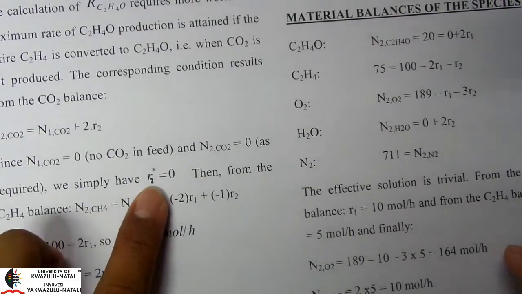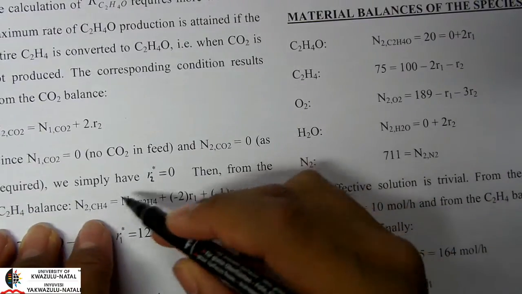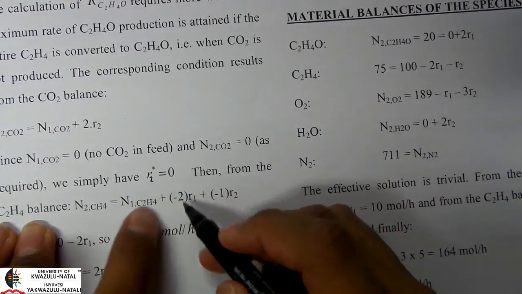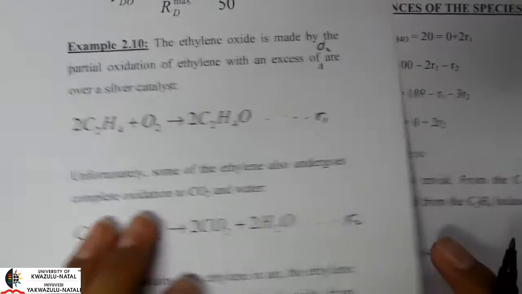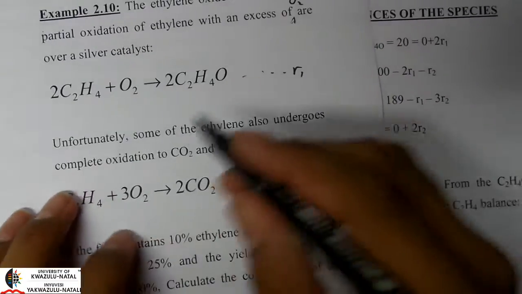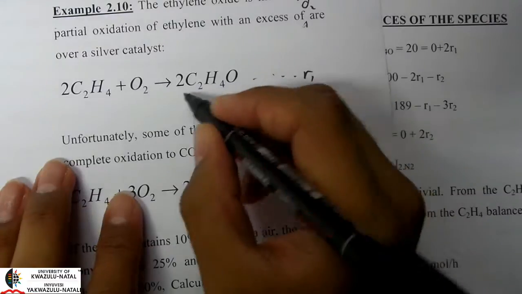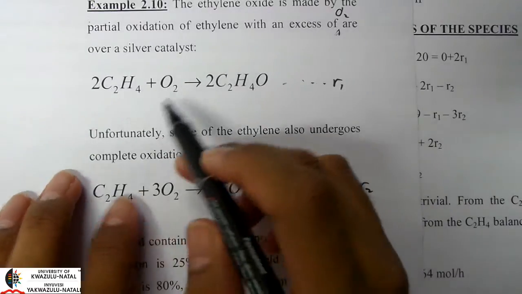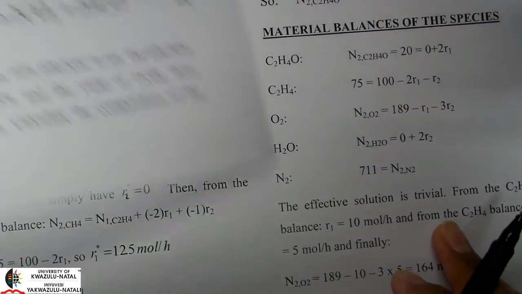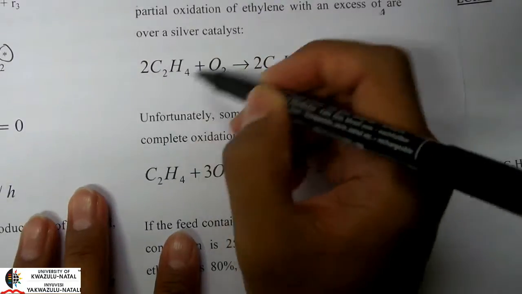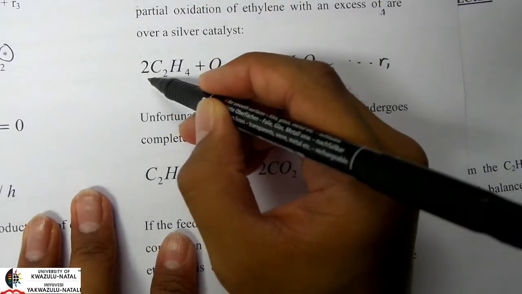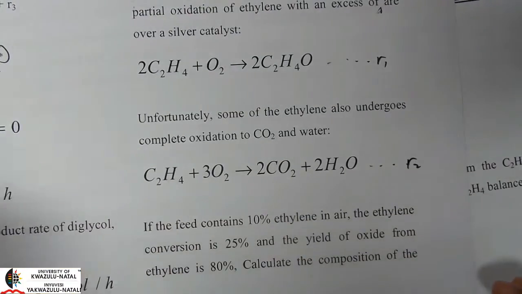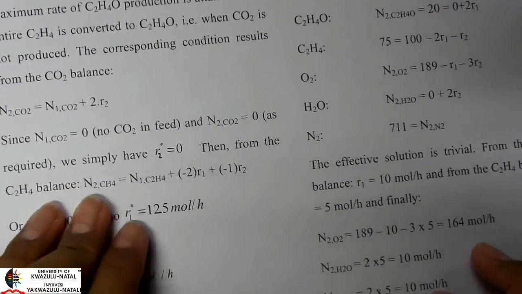So now if we had to perform our C2H4 balance using this R2 star, remember we have output is equal to input plus the sum of the VIRs, and our C2H4 is being consumed in reaction 1 with a stoichiometric coefficient of 2 and is being consumed with a coefficient of 1 in reaction 2, and here we have it.